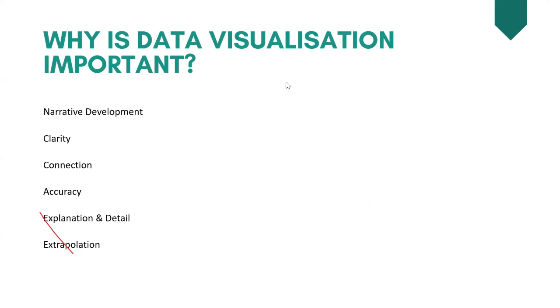It is about clarity. If you have pages and pages of numbers and results, writing that in text form is both painful for you and painful for the person reading it. Clarity means that we can use visuals to highlight the most important things that we want to share.